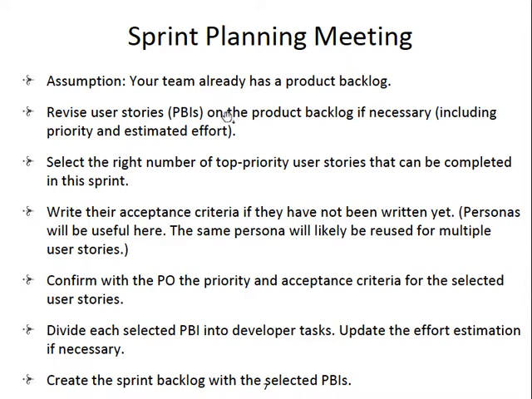And if it's not the first sprint, if it's the second sprint, third sprint, then we may revise the user stories, because after the customers see what we gave them in the previous sprint, customers may think of new user stories.